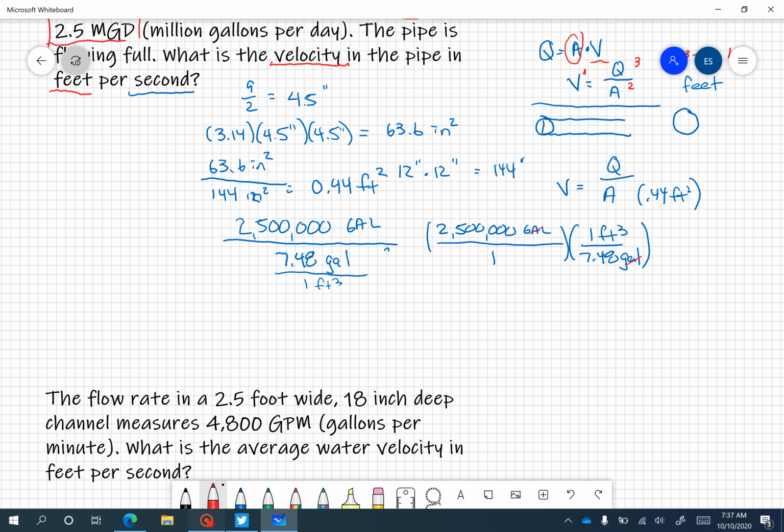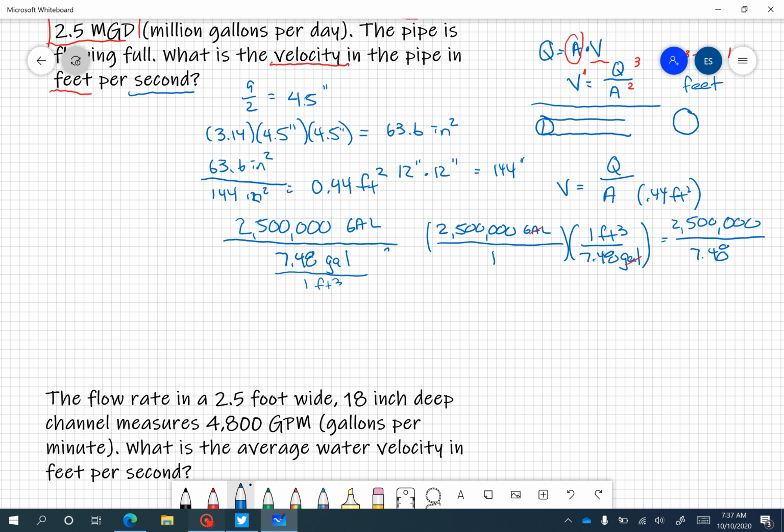And what I'm ultimately left with is, if I divide 2,500,000 gallons by 7.48, I'm going to get an answer in cubic feet.